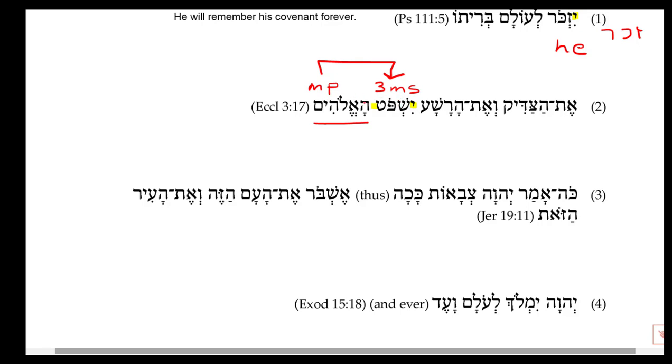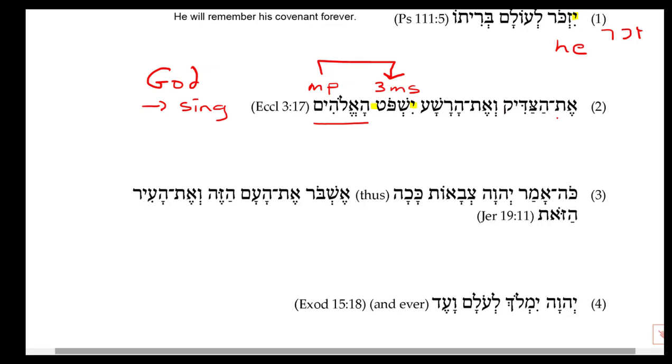And it shows that the Hebrews considered this to be a singular subject, that Elohim as capital G God was considered to be singular because it took singular verbs. So we have a subject that matches the verb in this case. Normally a plural doesn't match a singular, but in the case of God it does.